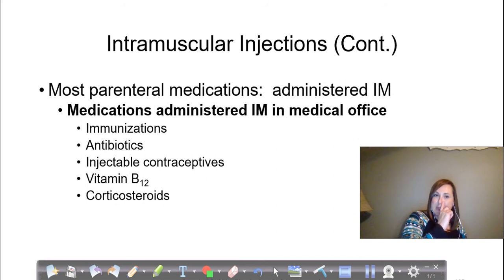An immunization that you could give would be hepatitis B. An antibiotic that you might give would be Rocephin, some type of penicillin.